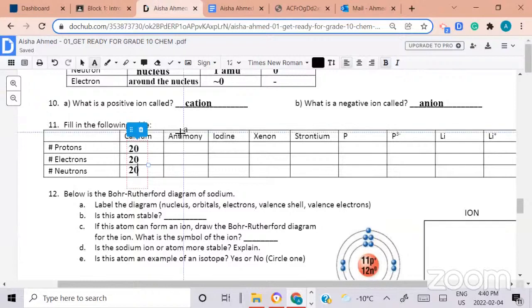Anyways, the rest of them, actually, let's do P3 minus together. These ones are pretty simple. So what is P? Potassium? No, it's phosphorus. Potassium is K. You have to look on your periodic table.